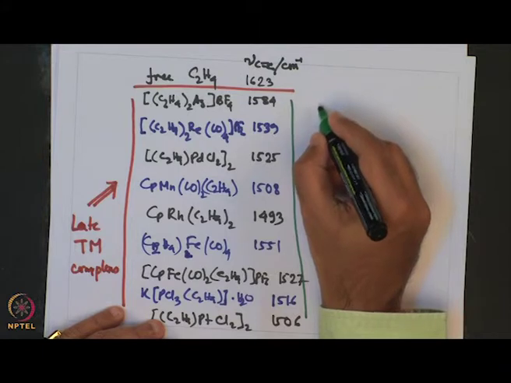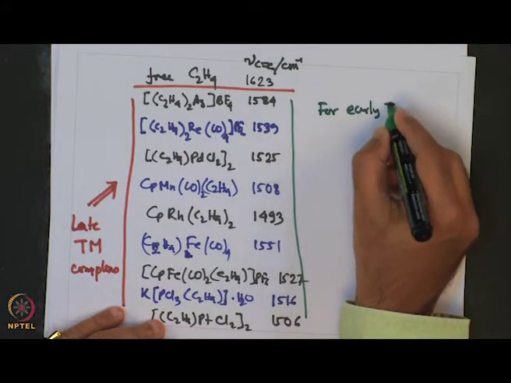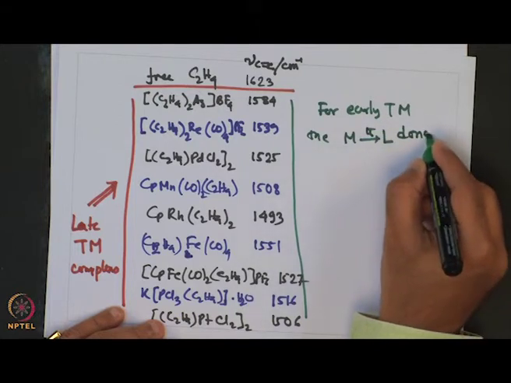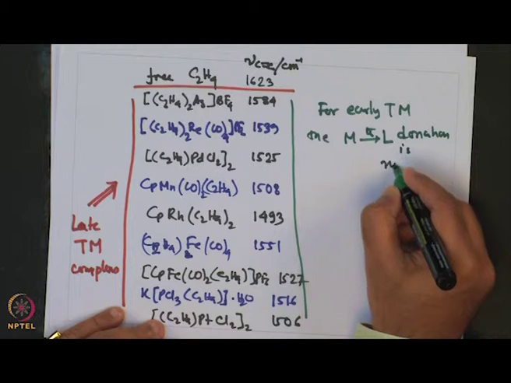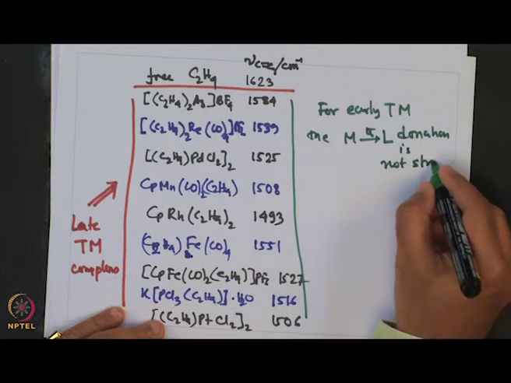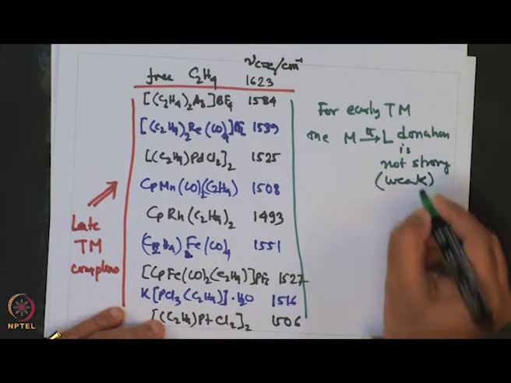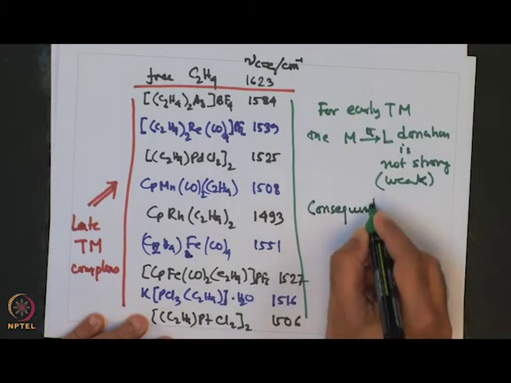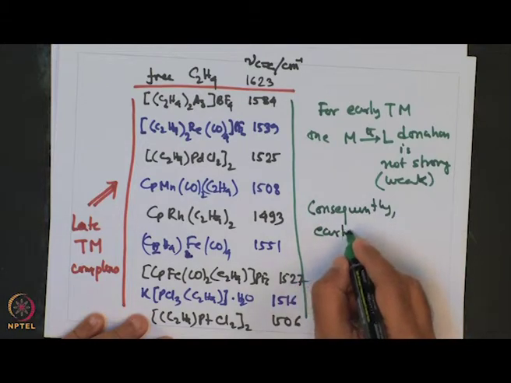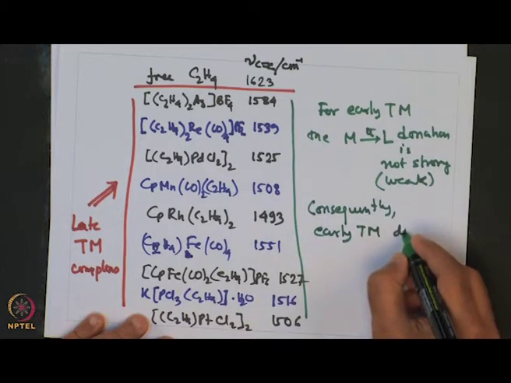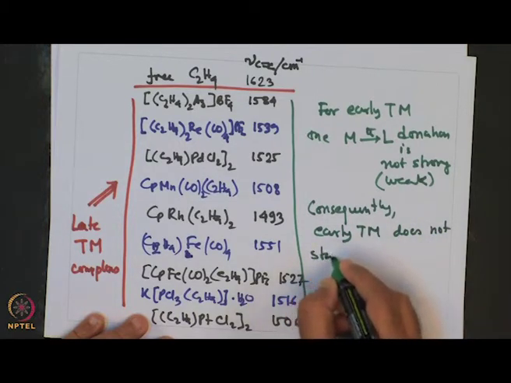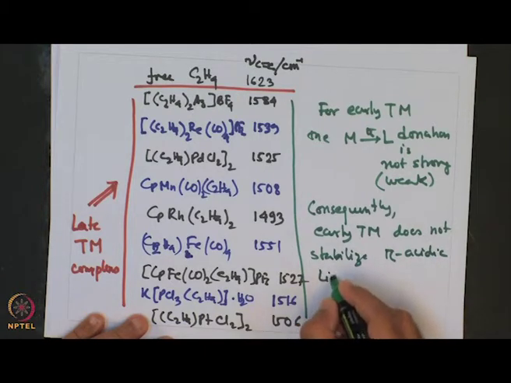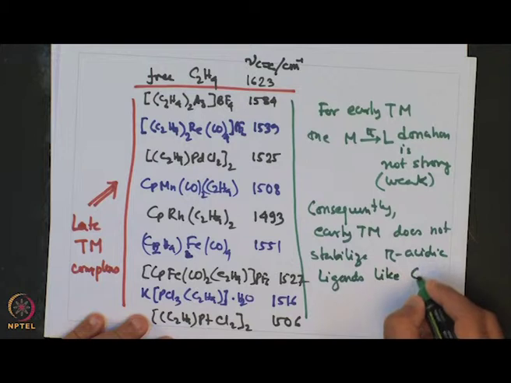That makes sense because for early transition metals, the metal to ligand pi back donation is weak, and as a result early metals do not stabilize pi acidic ligands like C2H4.